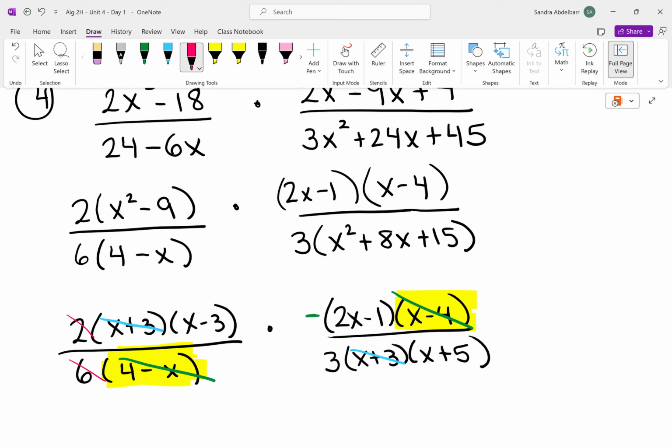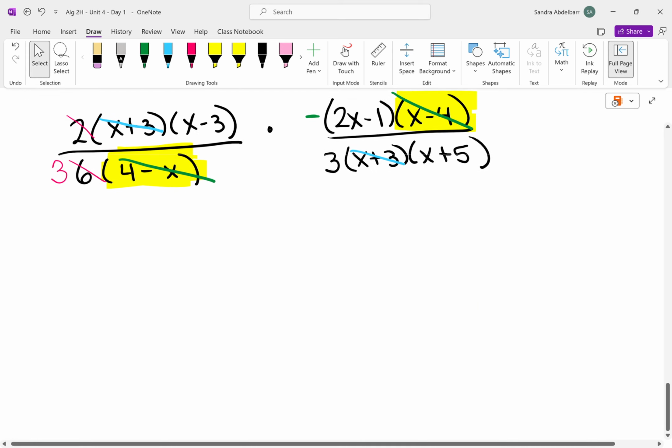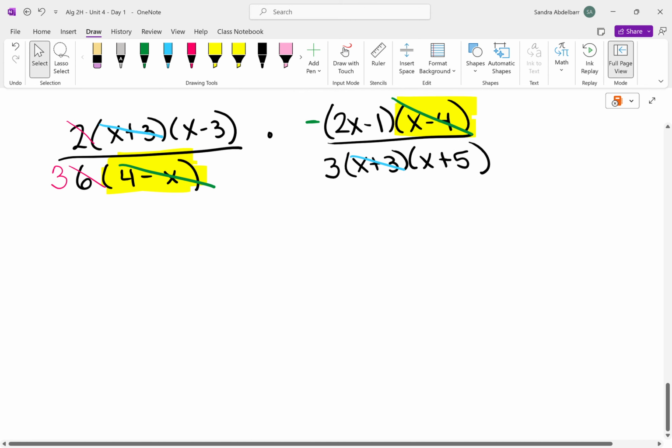I'm still not done, right? Can I simplify the 2 and the 6 down to 1/3? Can I cancel out this 3 and this 3? 3 on the bottom, 3 on the bottom. Can I cancel those out? No. Why not?